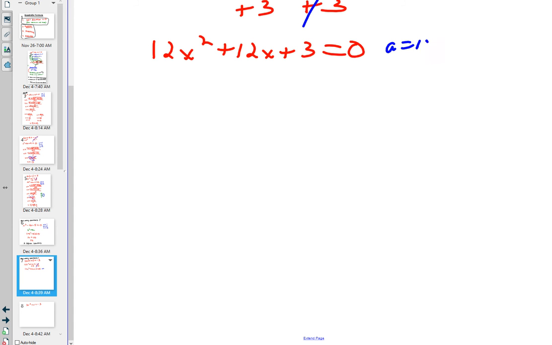So A is equal to 12, B is equal to 12, C is equal to 3. Oh, there's some ugly 12s.